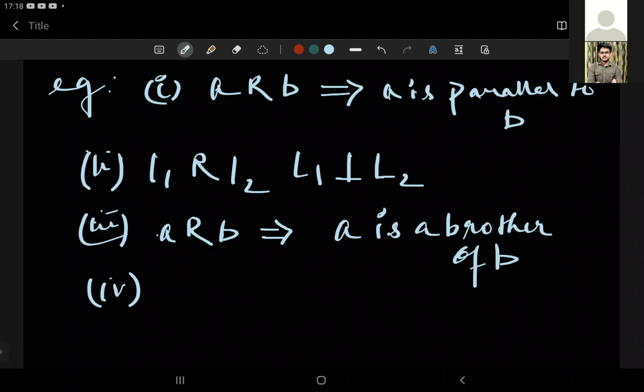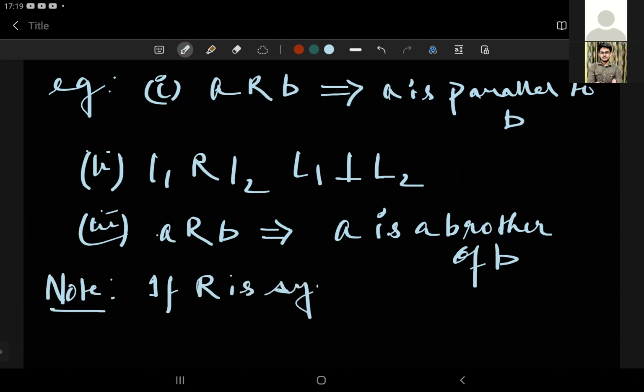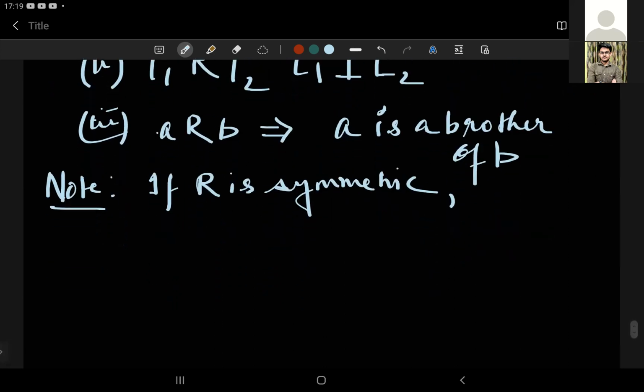Let's say, take a note. If R is symmetric, then what relation can we derive between R and R inverse?